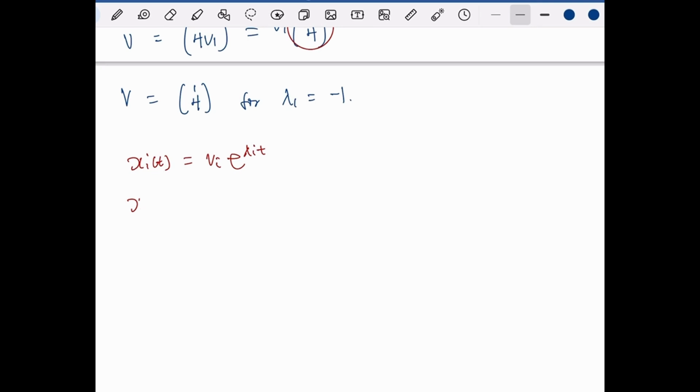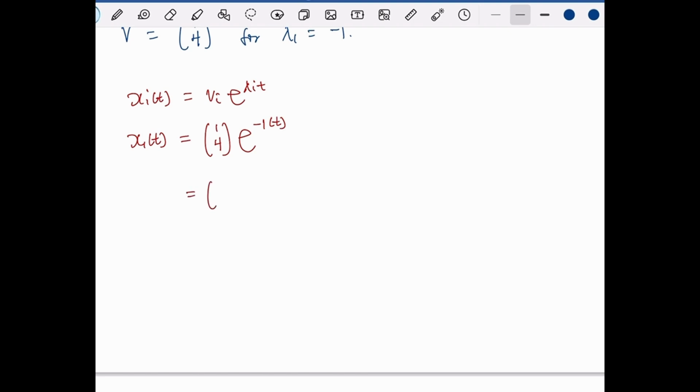So we are going to have x1 of t is equal to, what's v? That's 1, 4, e to the, what's lambda? Lambda was minus 1, so minus 1 multiplying t. So our answer will be simplified to 1, 4 e to the minus t. That's for x1 of t.